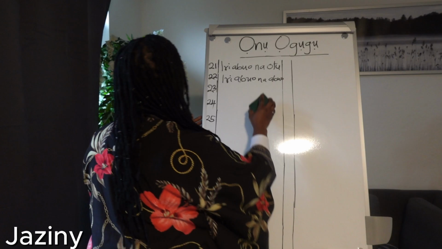Most times we don't bring it in, but 0 is called efu. Efu means null or none. So you will not come here and say ato na efu. It means 3 and 0. No. It is 3 tenths. 10 into 3 meaning iri ato.